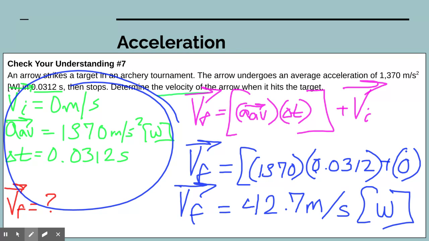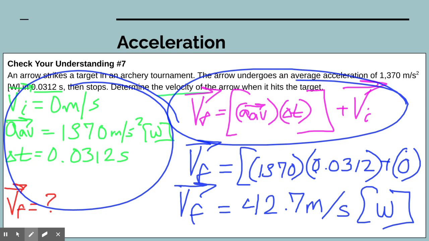Once you get in the habit of writing down formulas, things just get so much easier. I know it sucks, and I know we want to get through all this stuff, but once you get in this habit, it's a world of a difference.